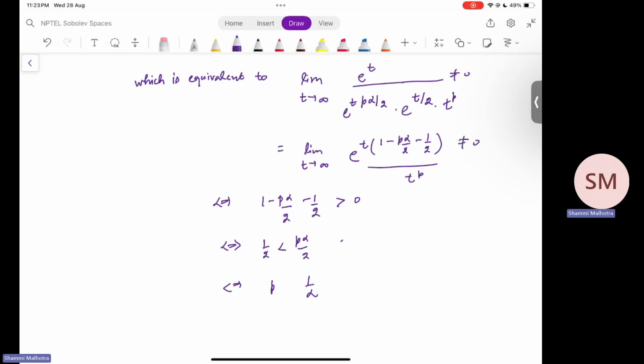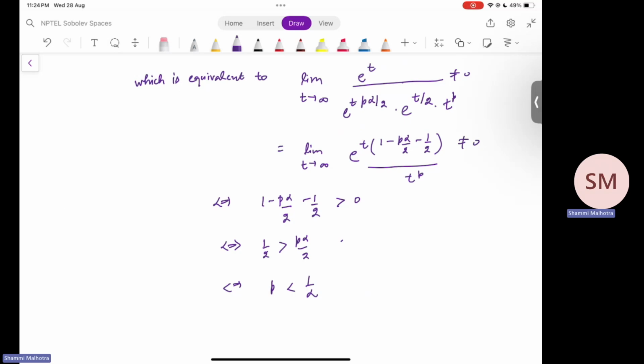So this is the way around. So whenever p is less than 1 by alpha, we know that this integral is not at all integrable.